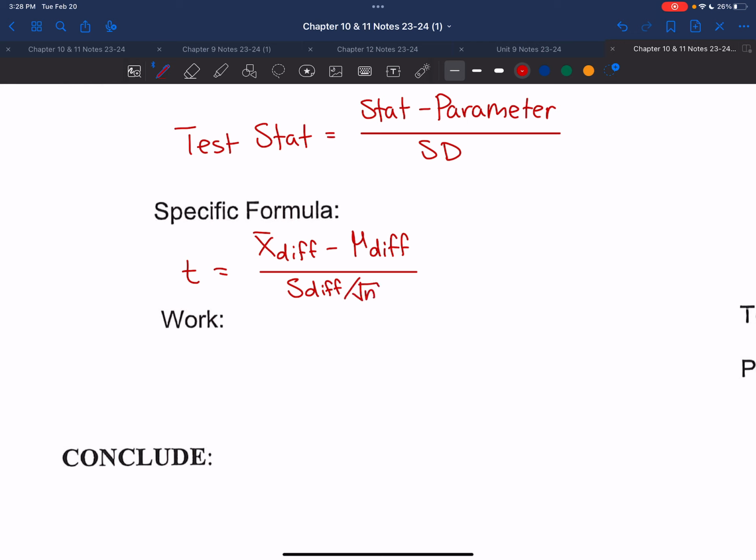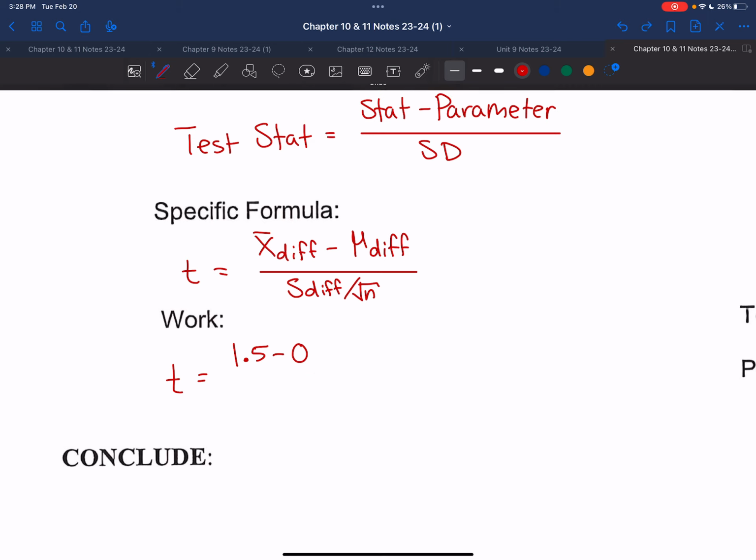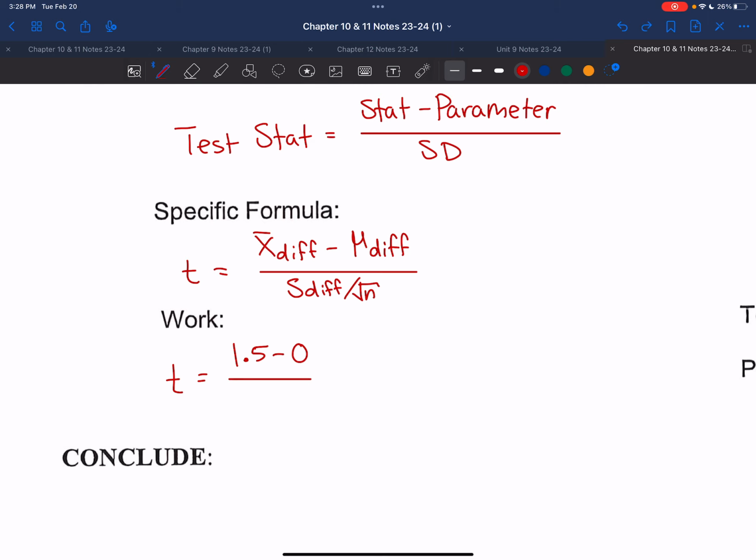All right. So if I plug all of this in, I'm going to get 1.5 minus our expected value of 0 divided by 2.7 divided by square root of 32. So if I calculate that, I'm going to get a t value of 3.14.